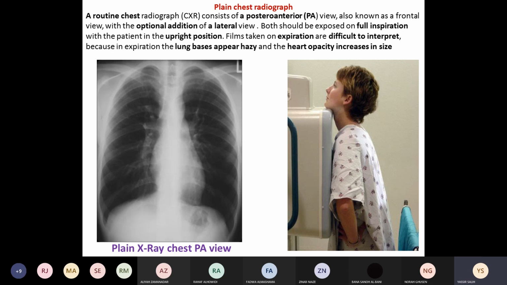So chest X-ray should be done on PA view, and also the patient should take full inspiration. The technician asks the patient to take full inspiration, to get the air in, and the patient should be in upright position. So why is the chest X-ray done in PA, full inspiration and erect?